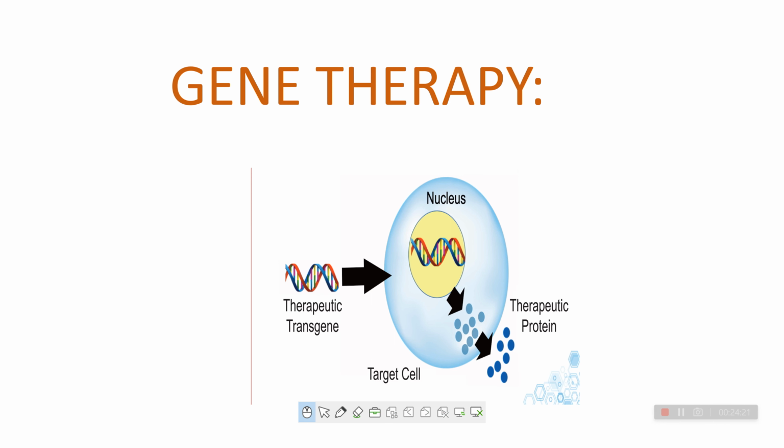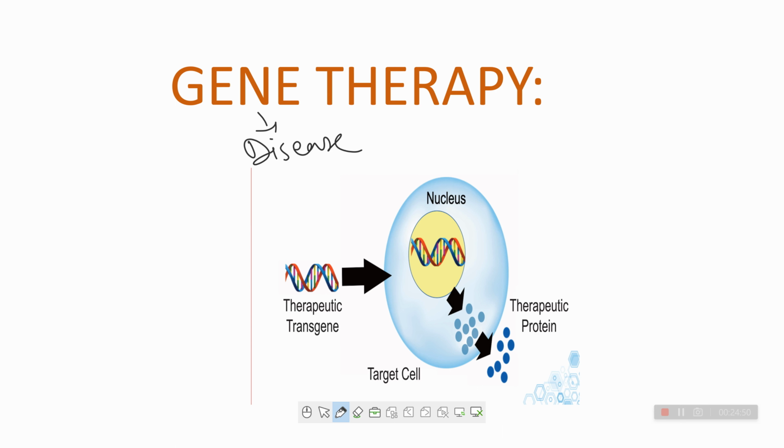Next, what is gene therapy? Gene therapy is a process, or we can say a technique, by which we cure or improve the mutated gene, or a gene that causes a disease.